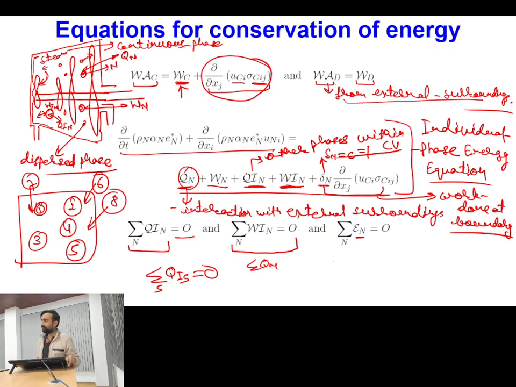That is what you are saying. Of course, its effect is coming. Whenever we are talking about an individual phase, it is causing an increase or decrease on that individual phase. But whenever I talk about the control volume as a whole, then all internal interactions have to be 0. So that is affecting individual phases, but not the entire system.